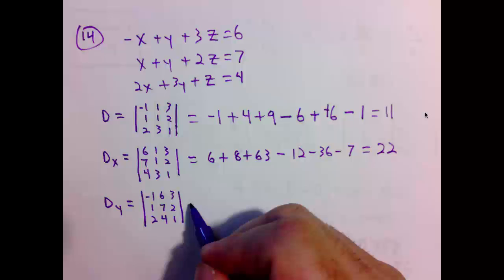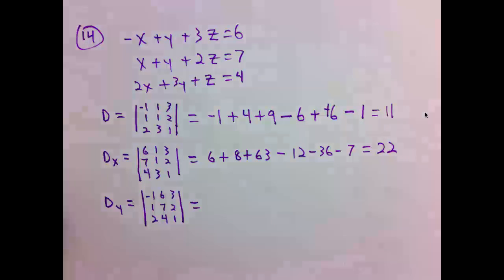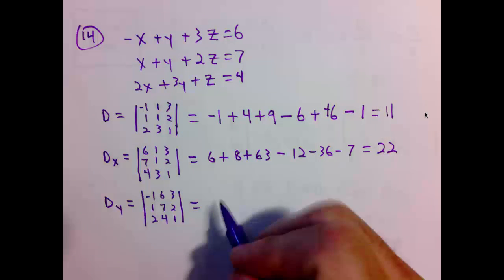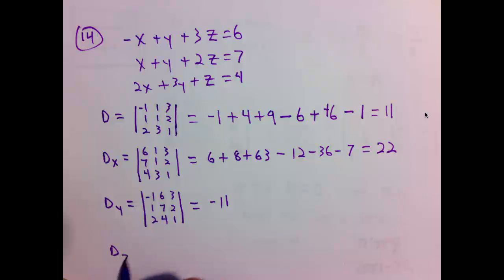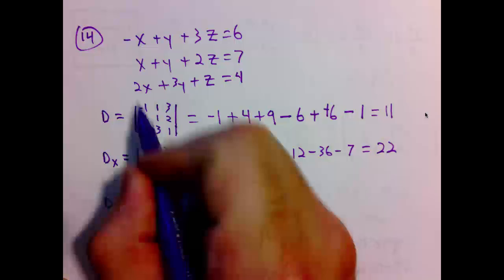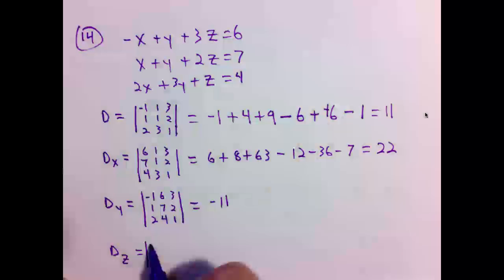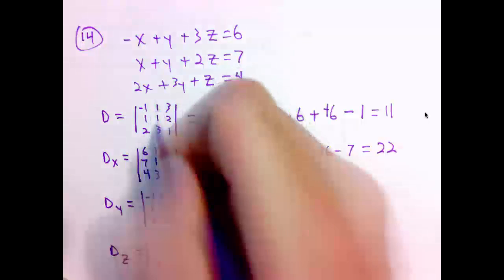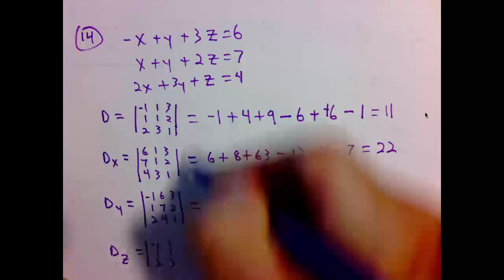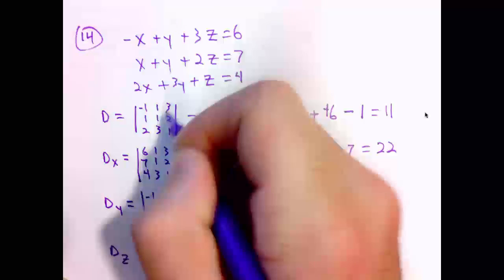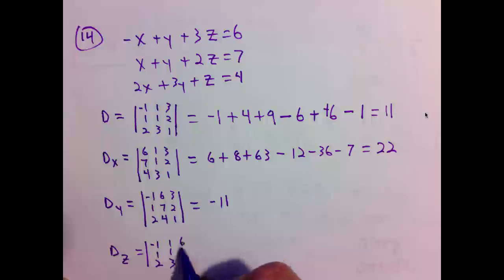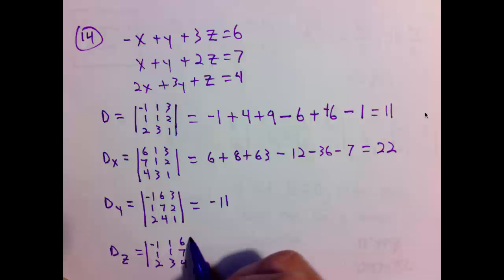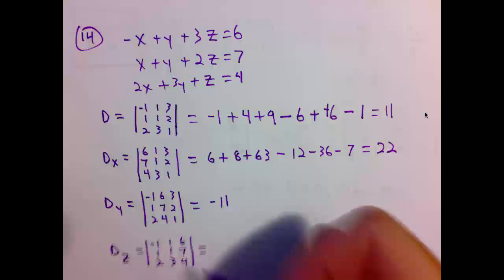Okay, I'll leave this arithmetic to you, but the result will be negative 11. All right, Dz. The x column remains the same, negative 1, 1, and 2. The y column remains the same, 1, 1, 3. The z column, what used to be 3, 2, 1, the z coefficients, I replace with my constants, 6, 7, 4. All right, this will be 33.